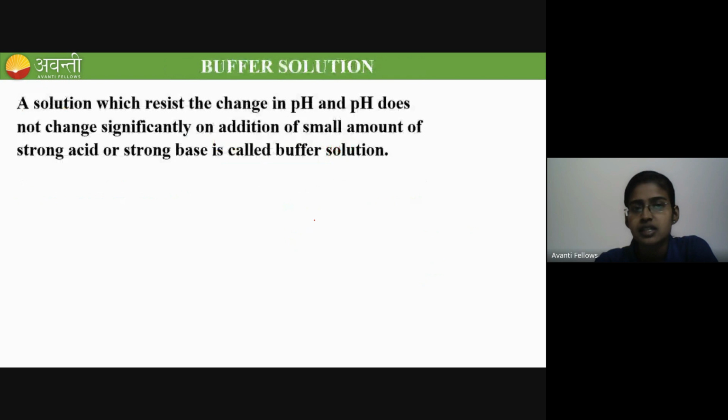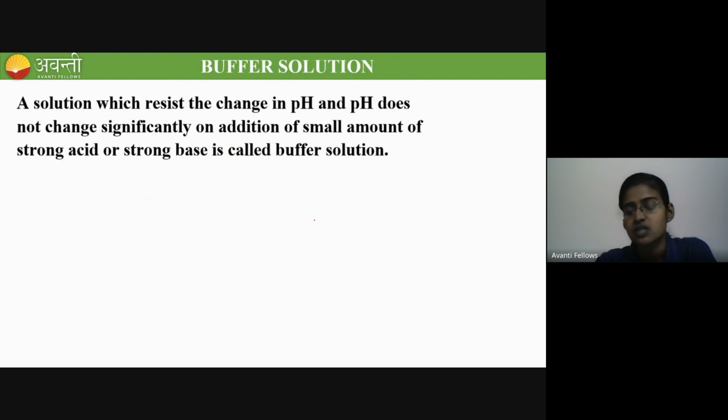And the next topic is buffer solution. Third is buffer solution. So what is a buffer solution first of all? A solution which resists the change in pH, and pH does not change significantly on addition of small amount of strong acid or strong base, is called a buffer solution.